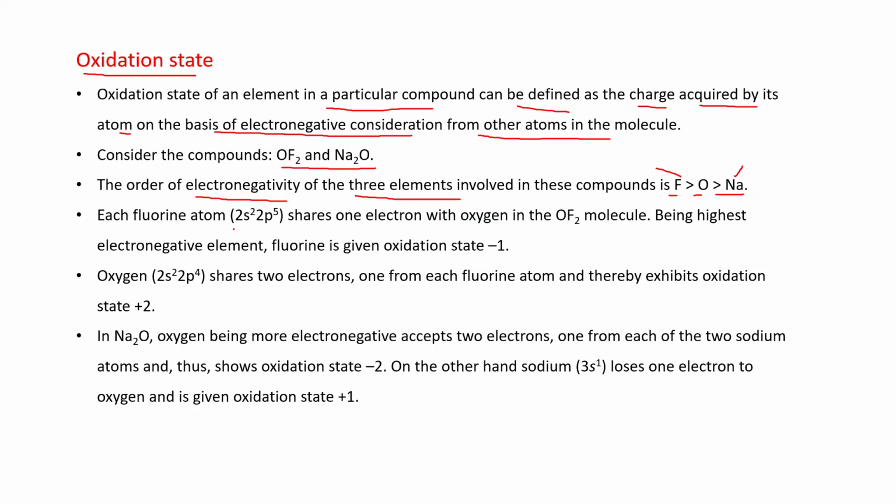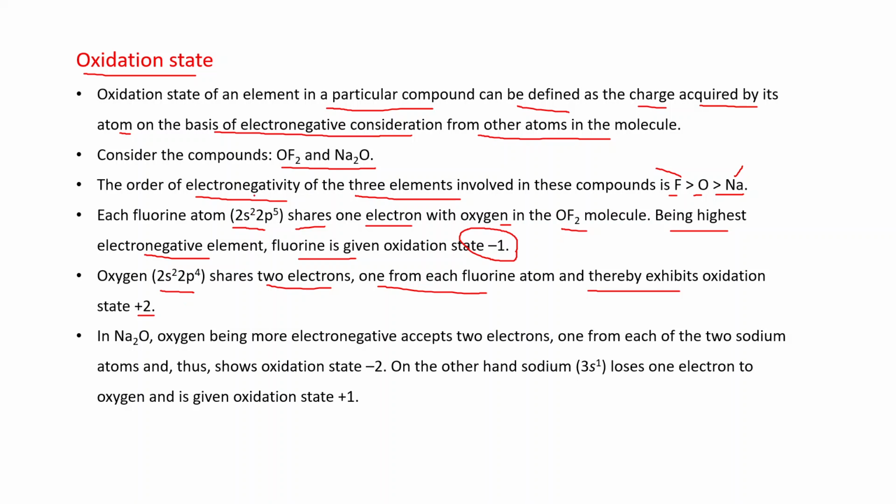Each fluorine atom, with electronic configuration 2s2 2p5, shares one electron with oxygen in the OF2 molecule. Being the most electronegative element, fluorine is given oxidation state -1. Oxygen, 2s2 2p4, shares 2 electrons, one from each fluorine atom, and thereby exhibits oxidation state +2.